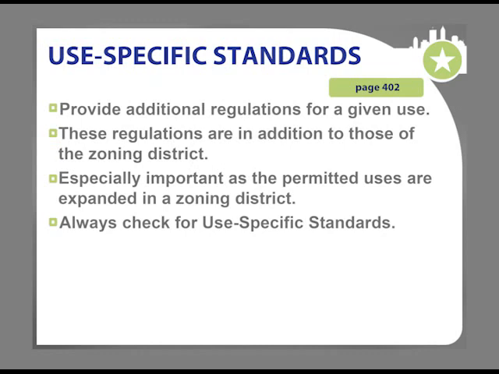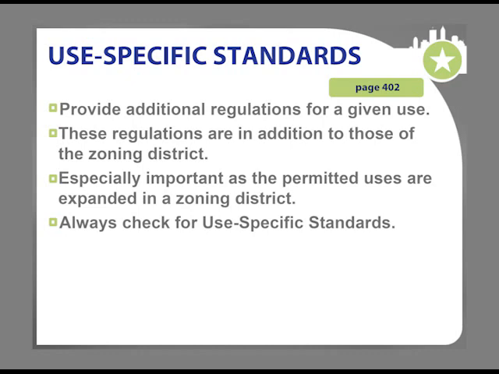The use-specific standards identify what additional regulations must be met for a given use. Now these use standards are in addition to those of the underlying basic zoning district as well. So you have to meet both.